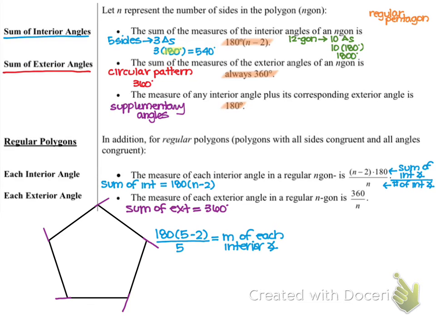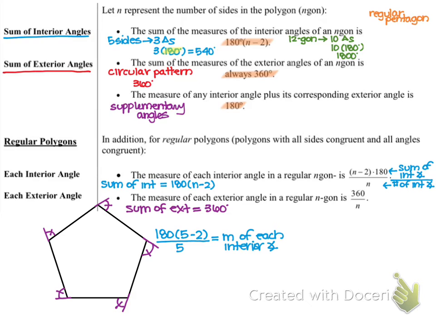Then I want to split it evenly. Now, because this is regular, I know that the size of each one of these exterior angles is going to be the exact same size. Now, if you have a 5-sided polygon, then there are 5 corners, which means there are 5 exterior angles.